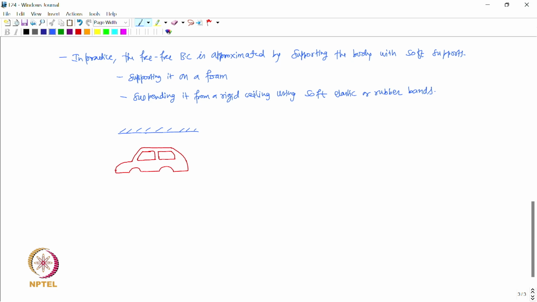So, we can have one band here going like this, and we can have another band here like this, right. And then we can mount accelerometers at suitable locations like this, measure the response, and then we can maybe use a hammer to apply the force like this, right, and then measure the force signal and then measure the FRF.